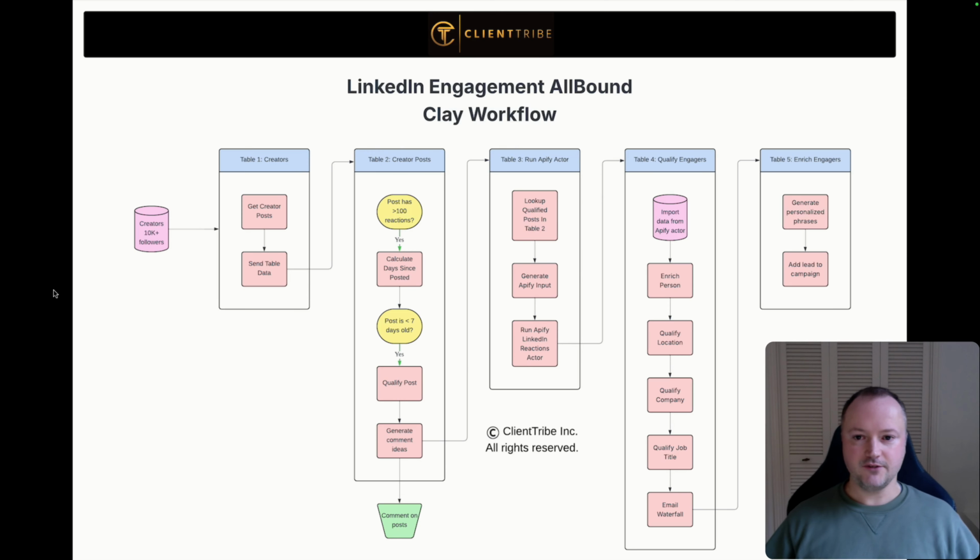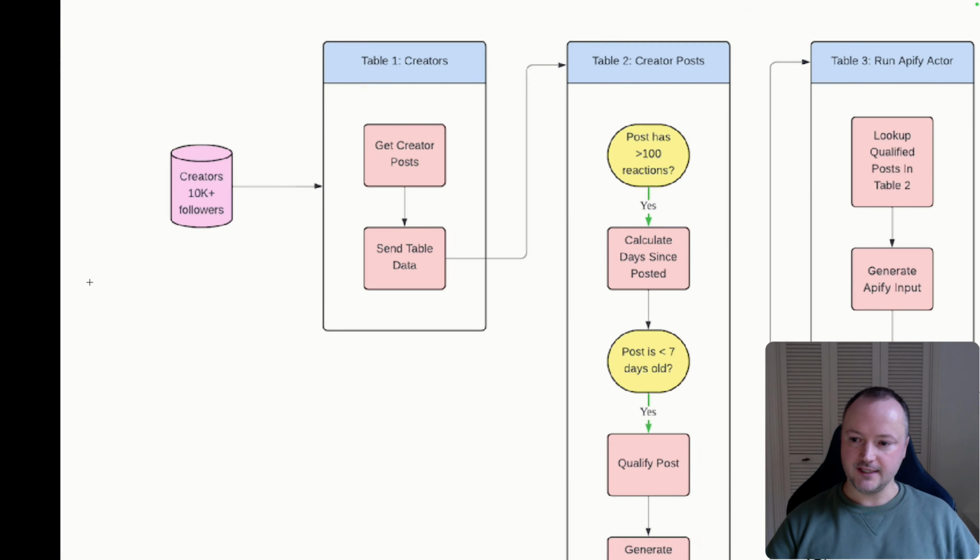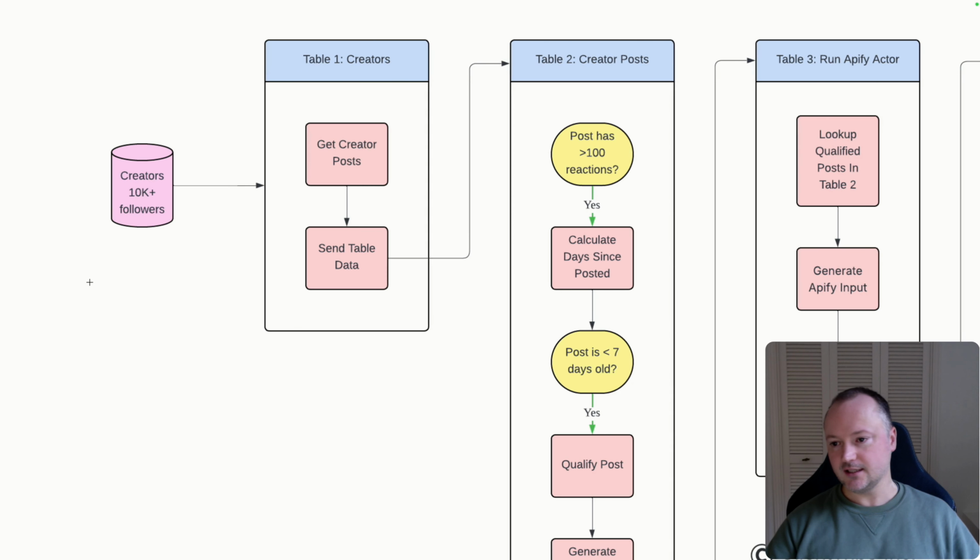So this is an overview of the LinkedIn engagement all-bound play workflow. It's a completely evergreen workflow, and I'm going to walk you through it step by step. So we'll start on the left. It starts with building a list of people, and what you want to target is people who are most likely to have large followings, because those people tend to post all the time on LinkedIn and tend to get high engagement with their posts.